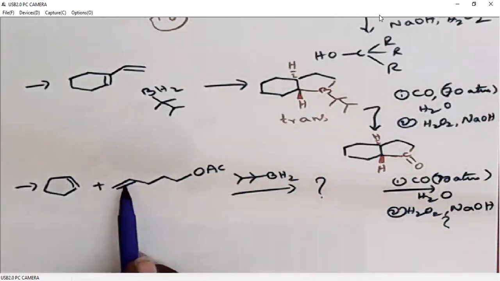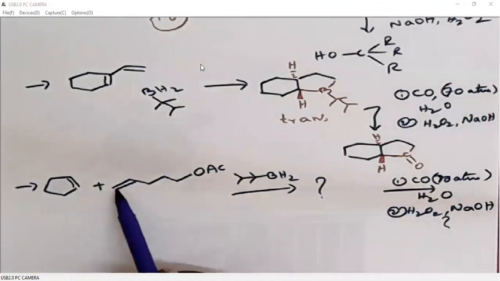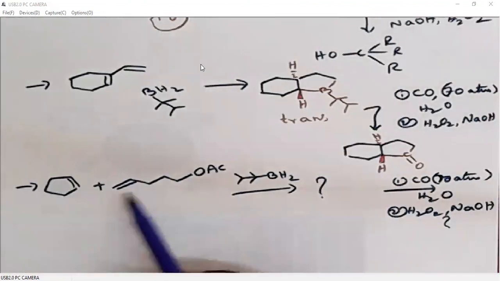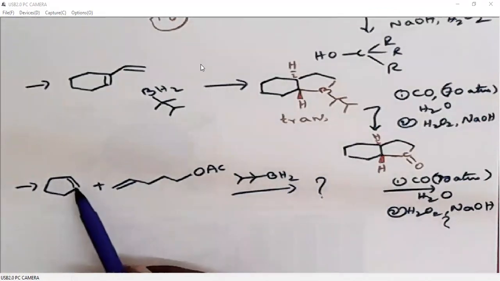So here also we can differentiate these two. See, here it is a terminal alkene, and it is an internal alkene. So terminal alkene first adds to the borane, then secondary alkene.